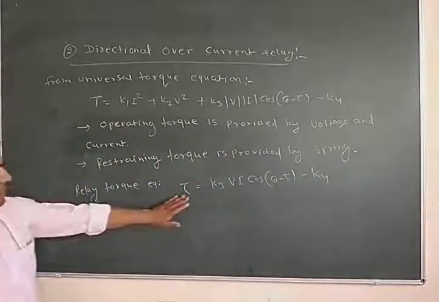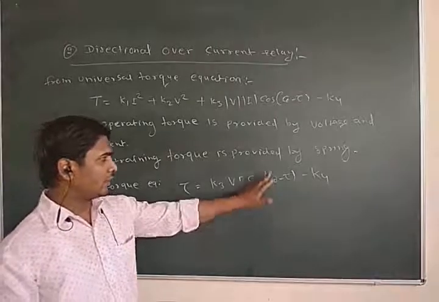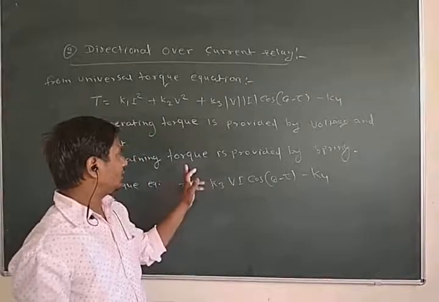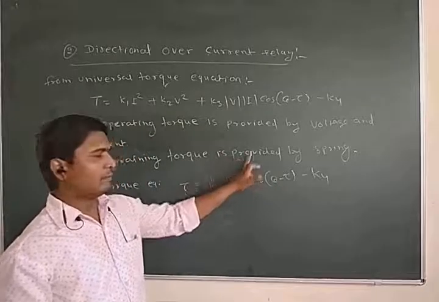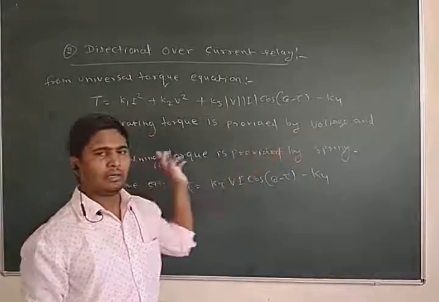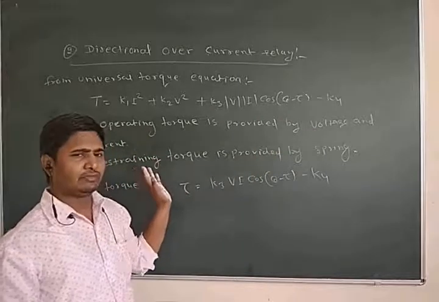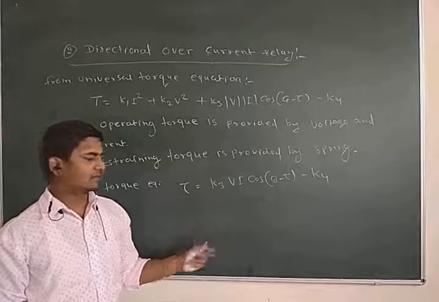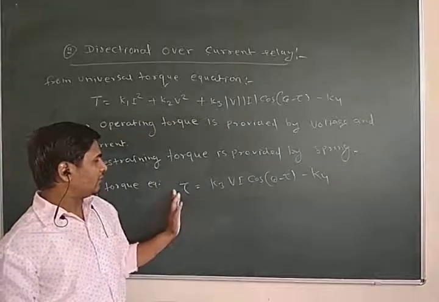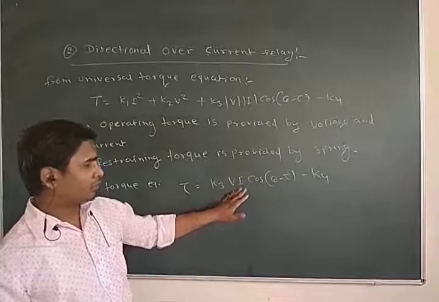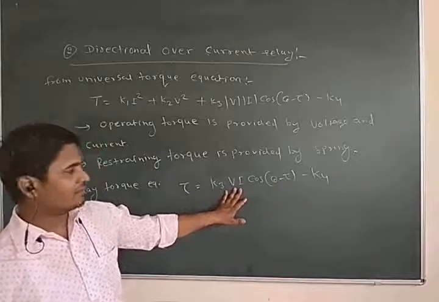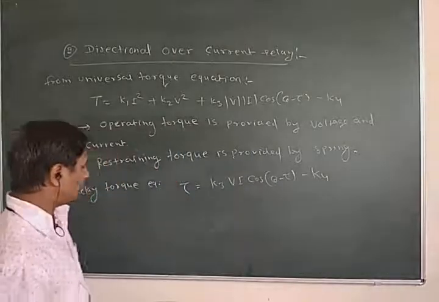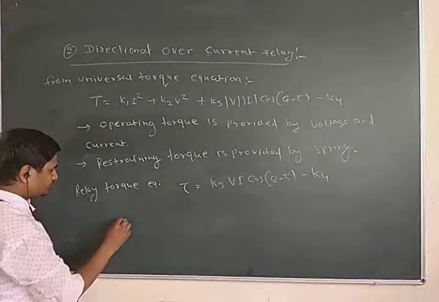So this becomes the torque equation for the directional overcurrent relay, because here operating torque is provided by both voltage and current quantities. We have seen that there are two coils in our relay, one is the voltage coil and the second is the current coil. Restraining torque is provided by the spring.